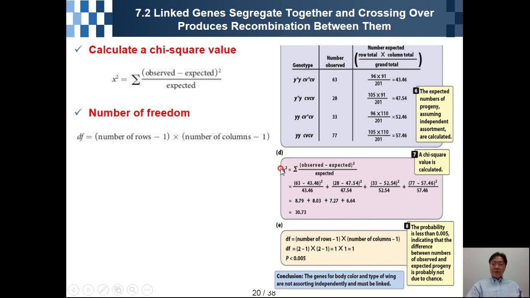So the chi-square value is 30.73. Then we have to calculate the degrees of freedom, df. We can get it like this. Okay, the chi-square value is calculated. After that, the degrees of freedom is calculated based on the number of rows. The number of rows is how many rows.